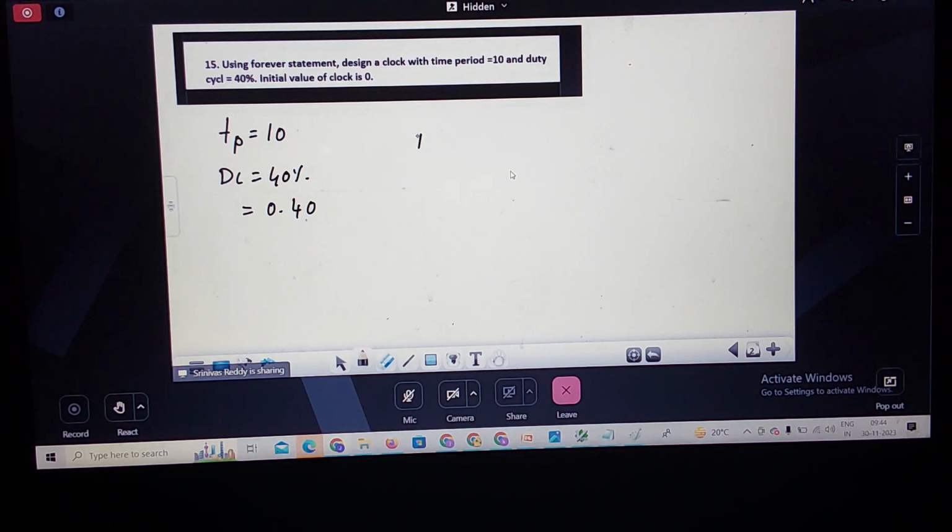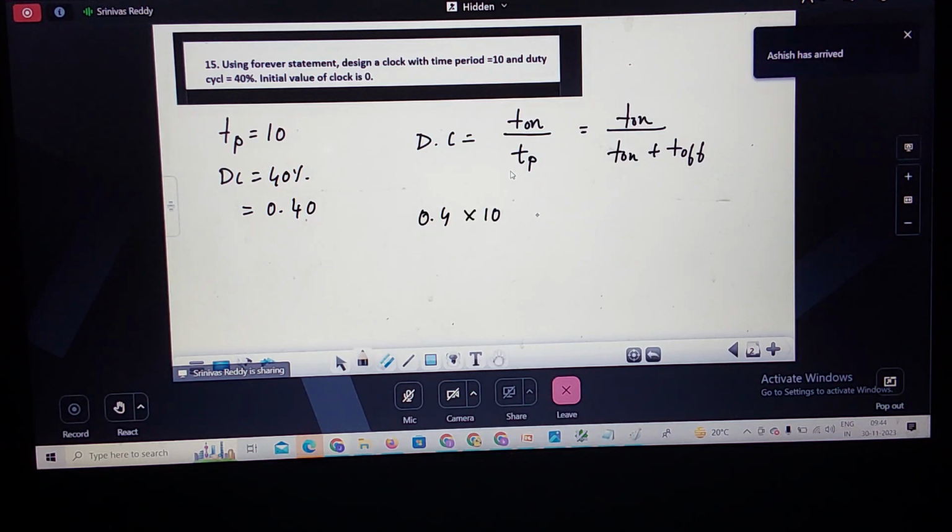Correct? Then duty cycle is equal to what? T on divided by TP. Or this I can write as T on divided by what? T on plus T off. Now this is 0.4, correct? Into what? 10 is equal to what?